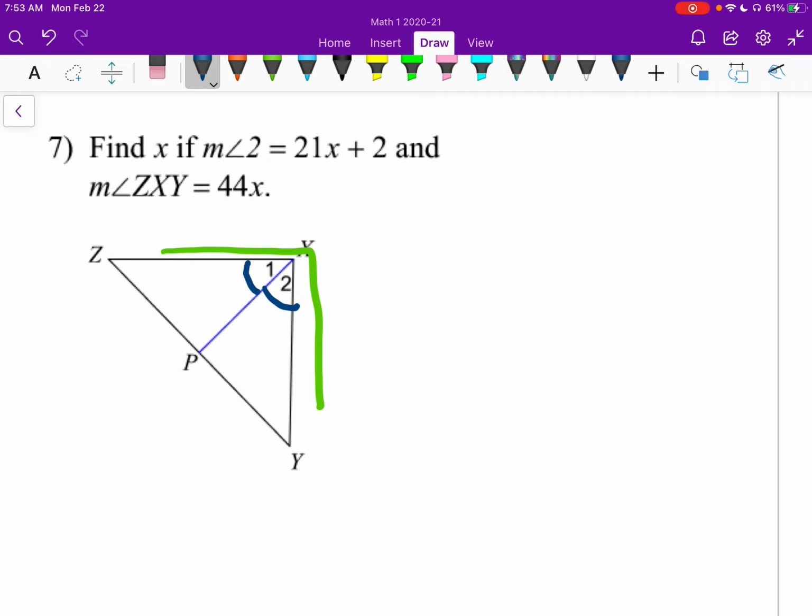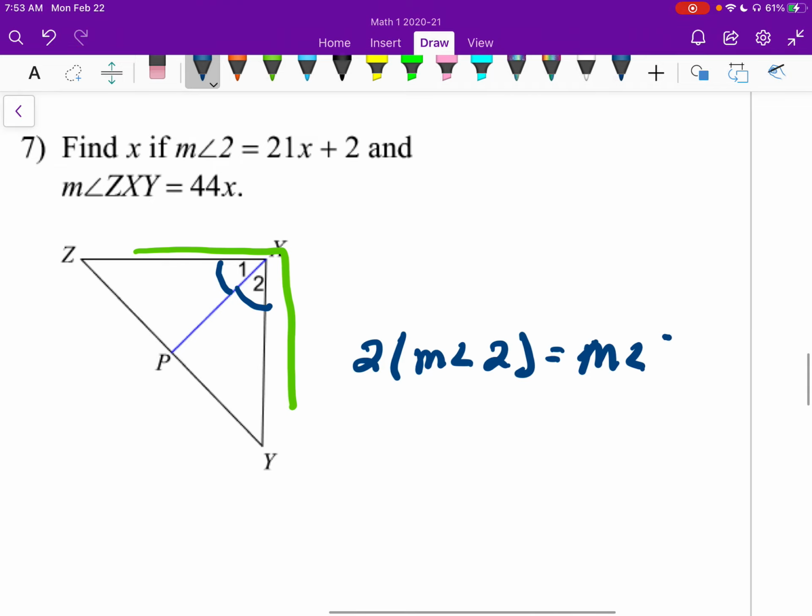So I could say, well, 2 times measure of angle 2 is equal to measure of angle ZXY, right? 2 times the angle that was bisected, or excuse me, 2 times the small piece, the bisected piece, is equal to the big piece, the piece that got bisected.